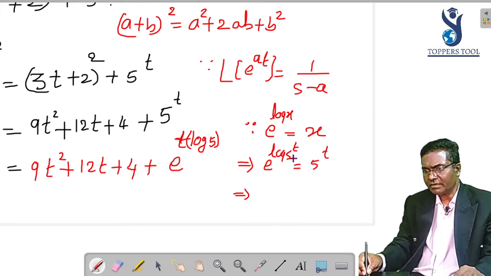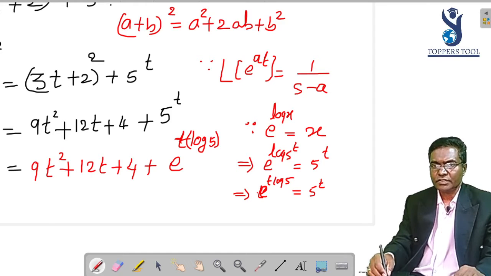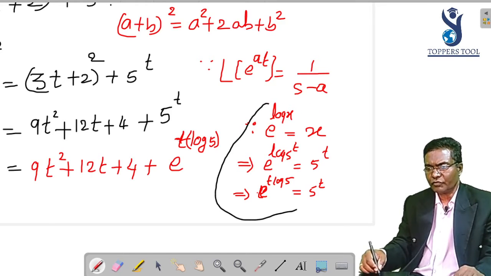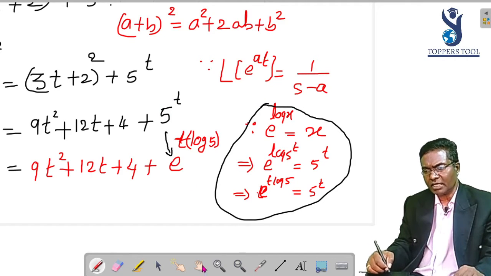And log of m power n is n log m. So you can write e power of t log 5 is equal to 5 power t. So note down this, it is useful. Whenever you get an a power x form, like a power t form, that can be written in this form, e power t log 5.